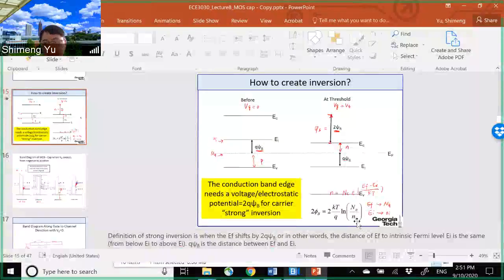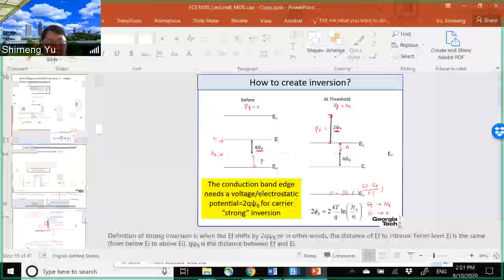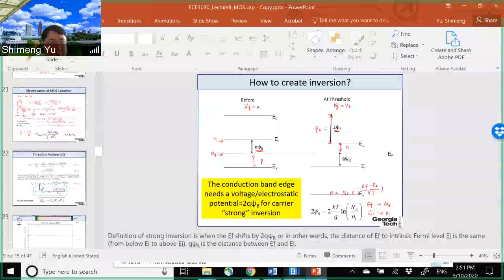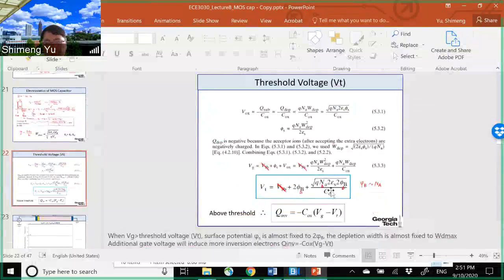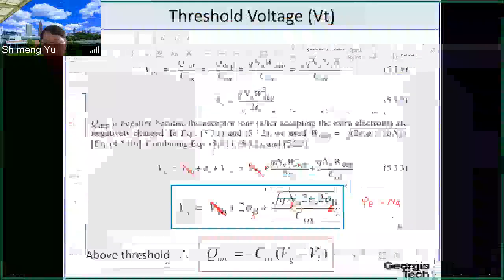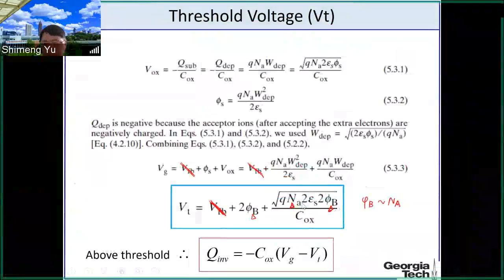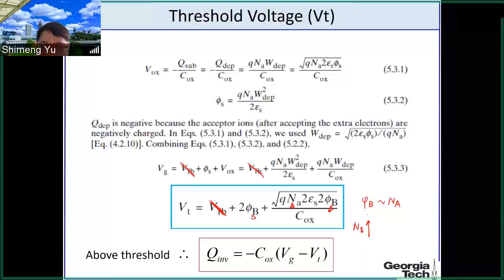Ni is a constant at room temperature, it's 10 to the power 10. So mostly this threshold voltage is determined by the Na, the doping density. And you can draw the conclusion that with higher doping density, your threshold voltage will be higher.